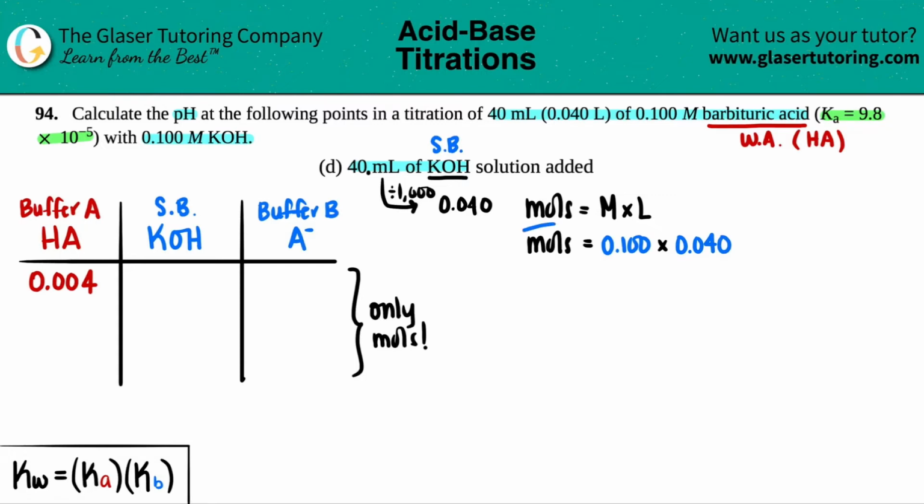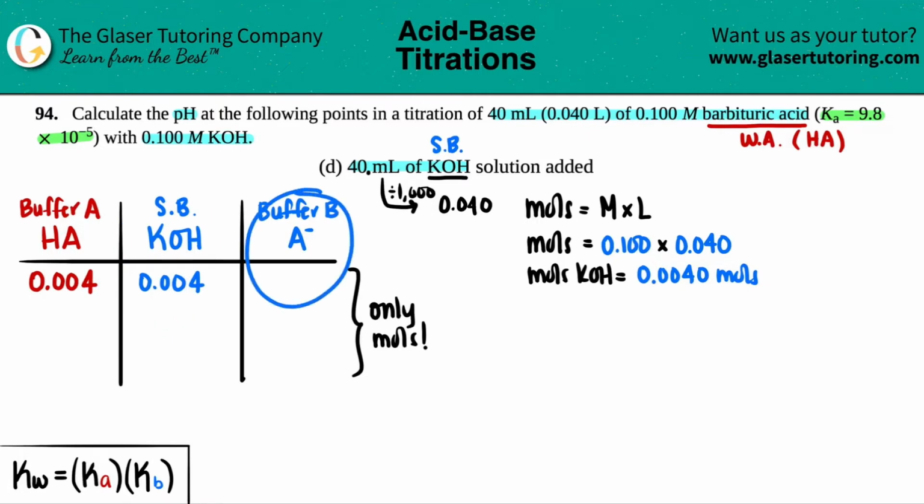Beautiful. So if I multiply these two, I'll get the starting amount of moles of the base. This is the moles of the KOH, and that looks like 0.0040 moles. That's starting with the KOH. So I have 0.0040 moles of the KOH.